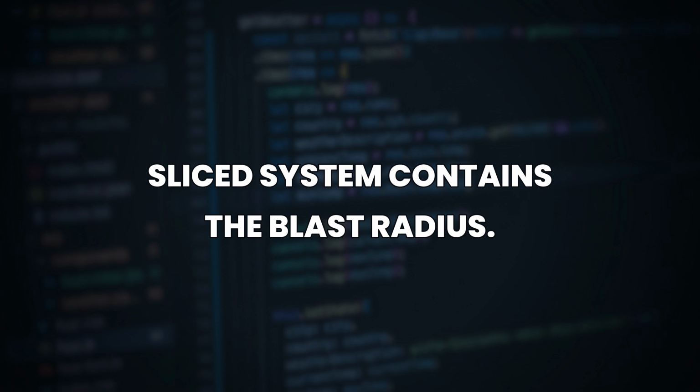In a layered system, one small change can ripple across the whole project, and an agent rippling changes across your whole project is exactly the nightmare scenario, right? In a sliced system, the blast radius is contained to one single folder. The agent works inside that slice, and the rest of your app is structurally protected from it.